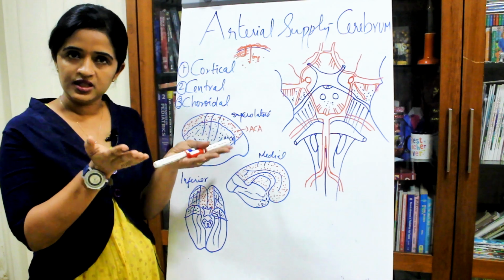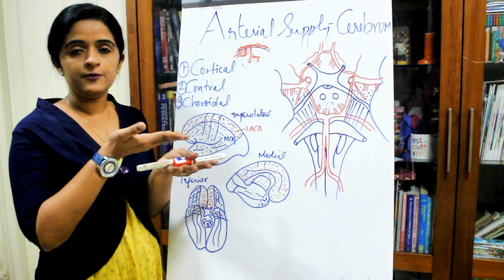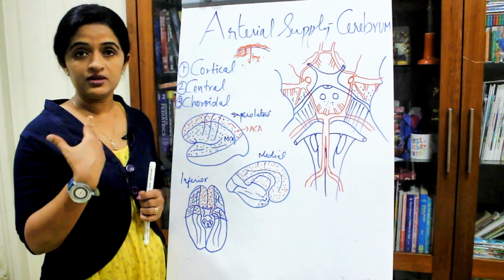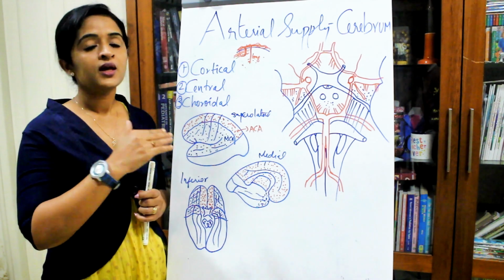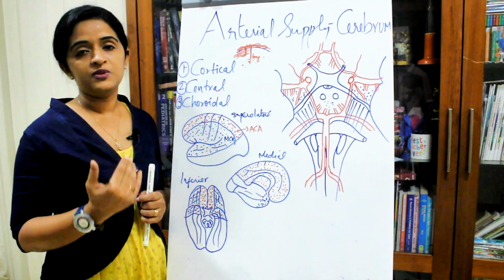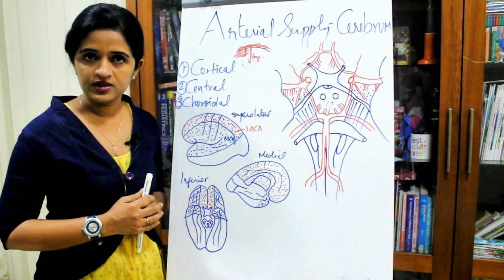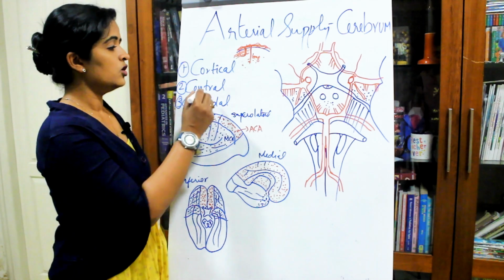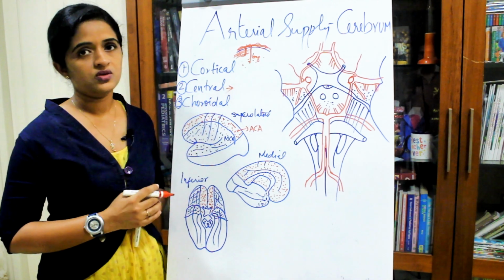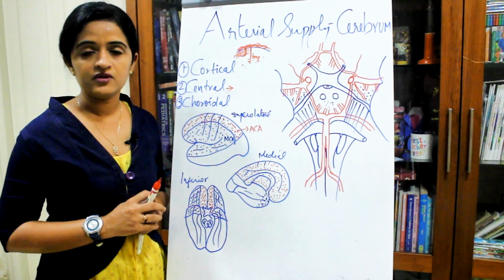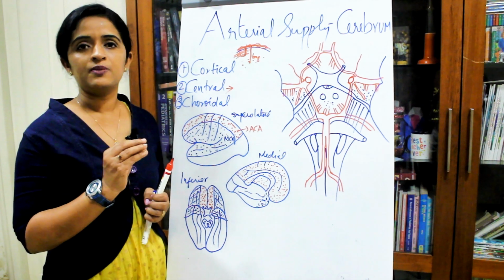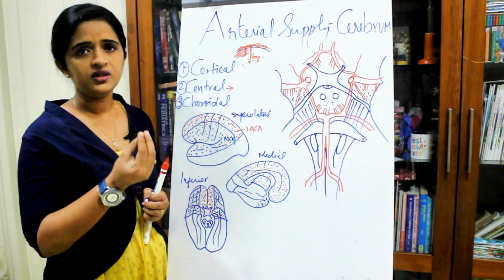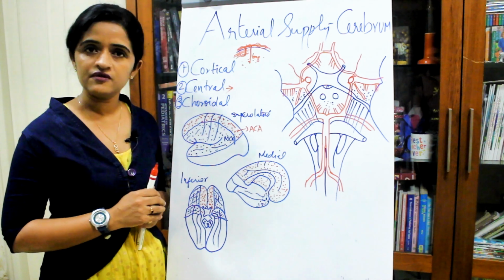At the base of the cerebrum you will get the circle of Willis. That is an anastomotic network formed between the vertebral system as well as the internal carotid system. The branches arising from the circle of Willis, you call central branches. They are meant to supply the inferior aspect of the cerebrum and also the innermost aspect of the inferior surface of the cerebrum.